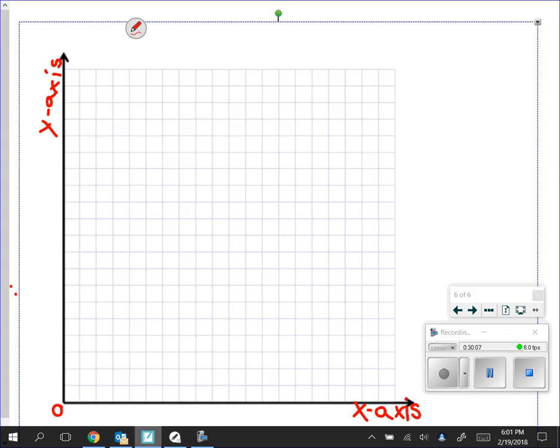So when we are doing coordinate grid, it's very important to know how to do coordinate grid because we do them when we do maps. One of the other things that you are going to run into is what we call a coordinate pair.